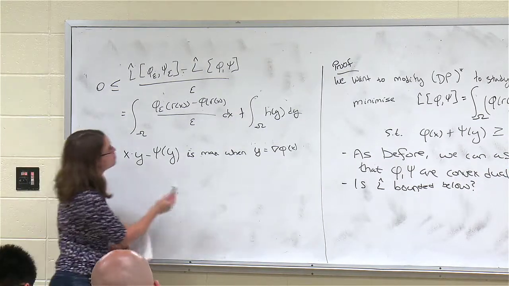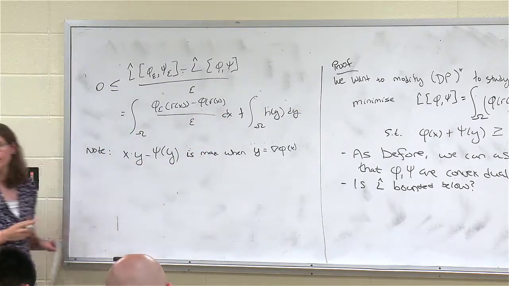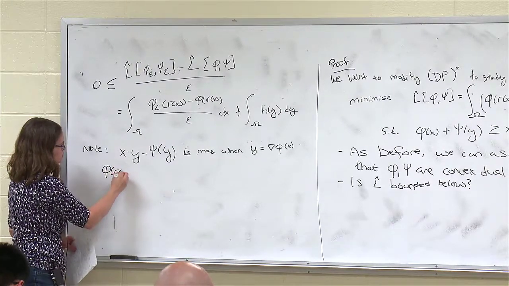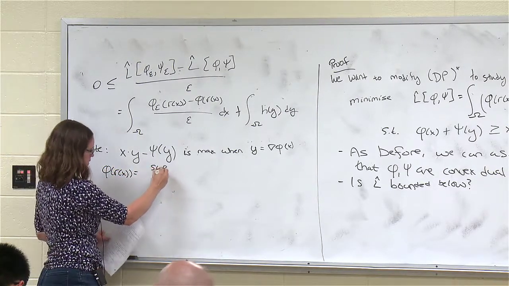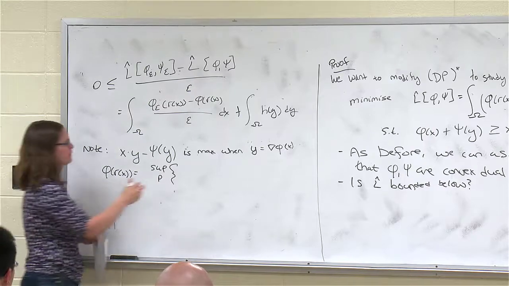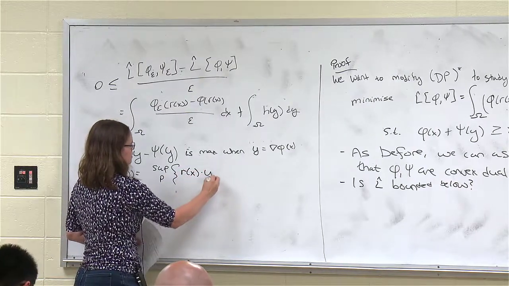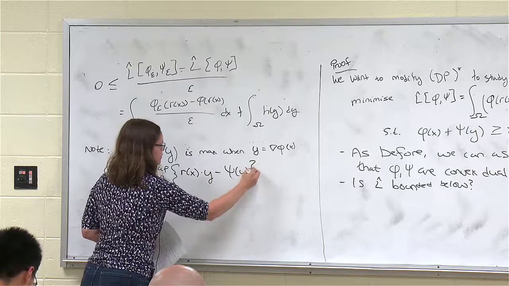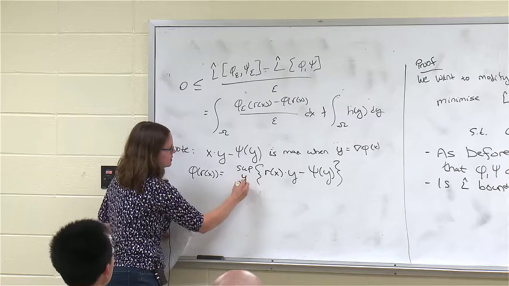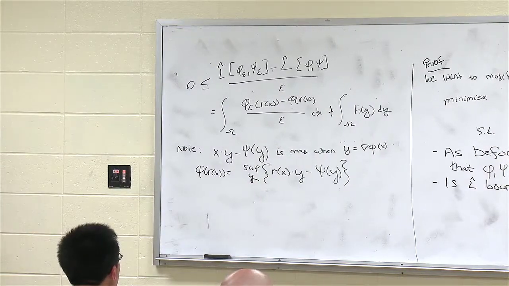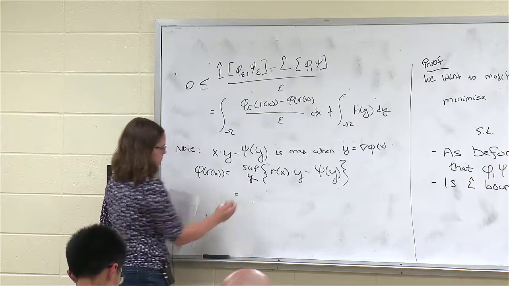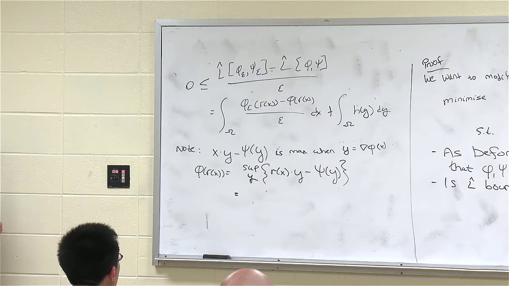Now I want to use that idea to write down phi of r of x. So phi of r of x is the supremum over all y of r of x dot y minus c of y. Now we know when this is maximized, right?